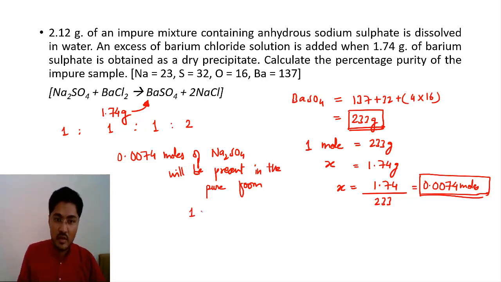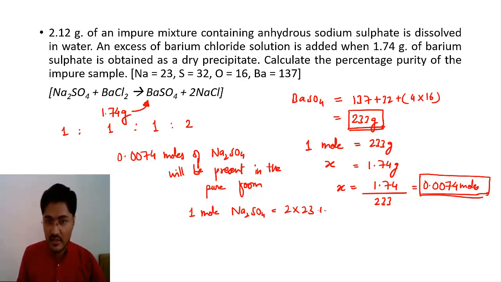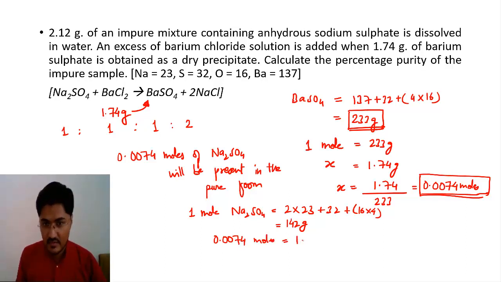So 1 mole of Na2SO4 is equal to twice into 23 plus 32 plus 16 into 4, which comes out to 142 grams, and 0.0074 moles is 1.05 grams.